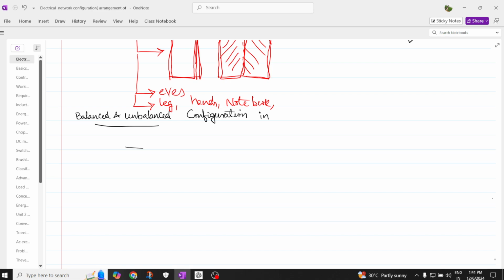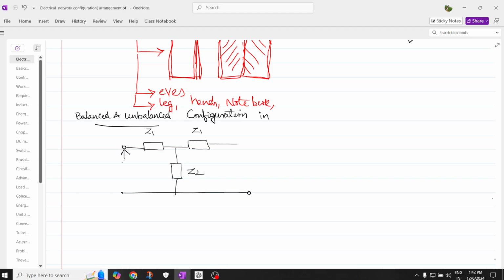I'm taking a network consisting of Z1 and one more impedance Z1, and a shunt branch Z2.